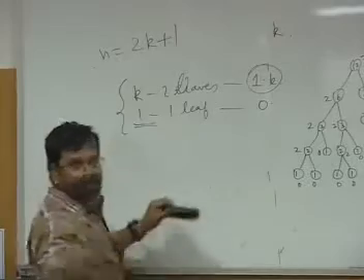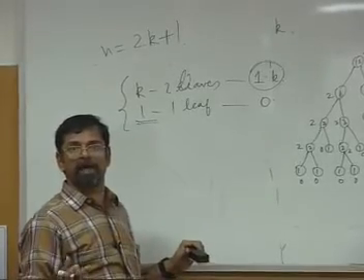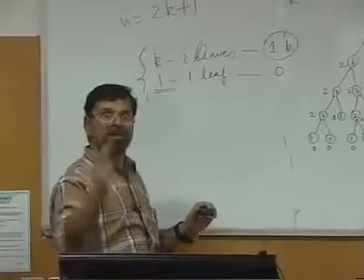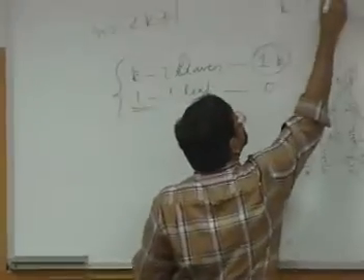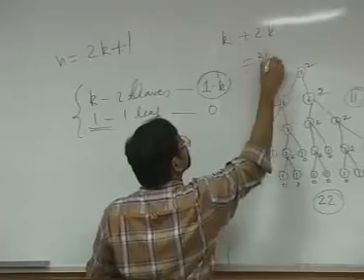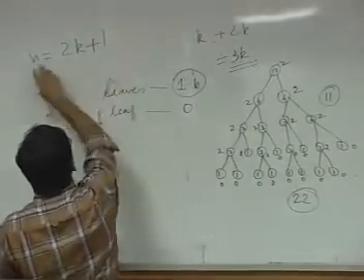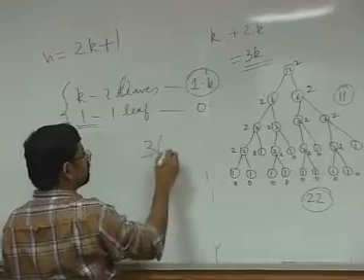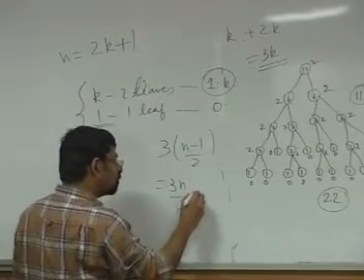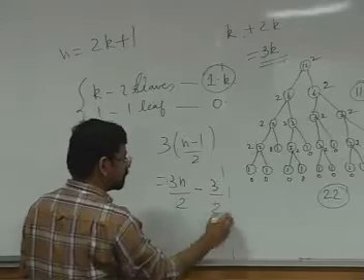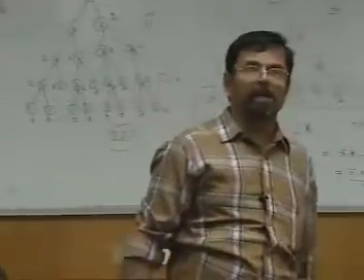There are k plus 1 leaves, and when you have k plus 1 leaves, how many internal nodes will you have? k internal nodes. Each of them will contribute 2 comparisons. So that will be k plus 2k. Therefore this is equal to 3k. But what about k? k is nothing but n minus 1 by 2. So 3 into n minus 1 by 2. This is equal to 3n by 2 minus 3 by 2. Okay, 3n by 2 minus 3 by 2.